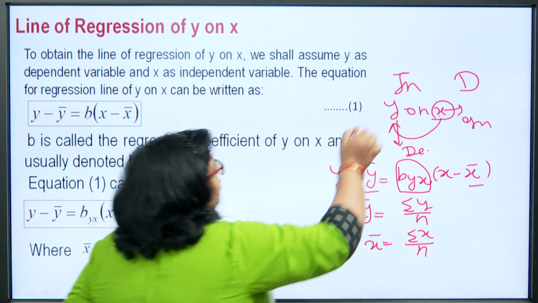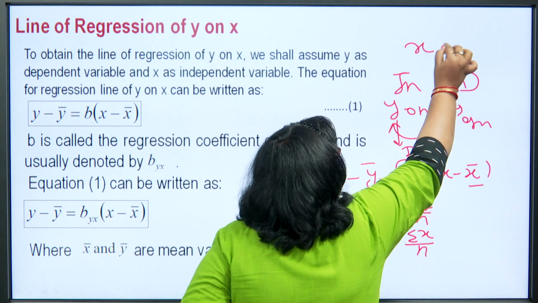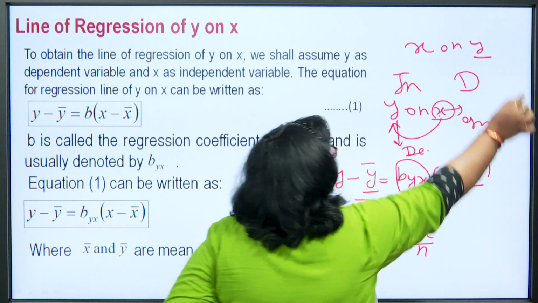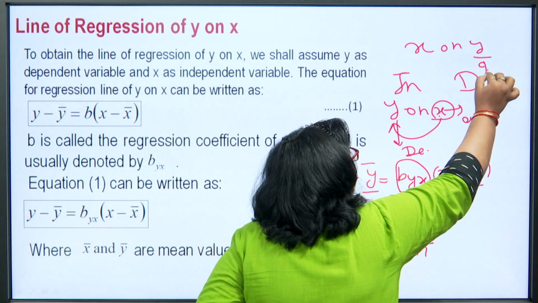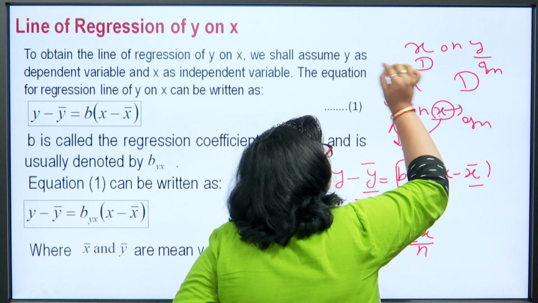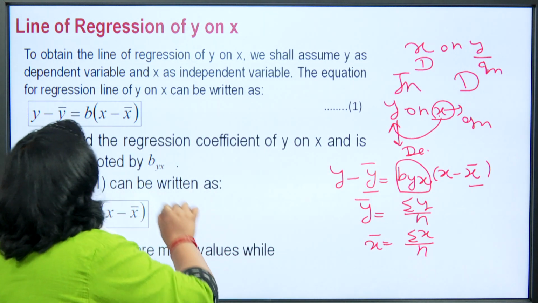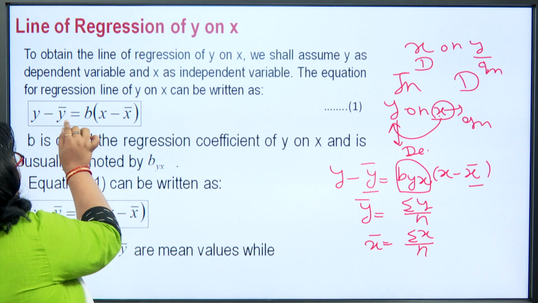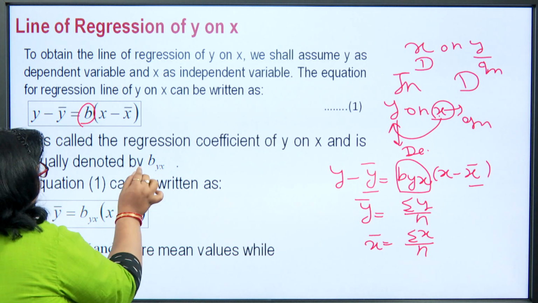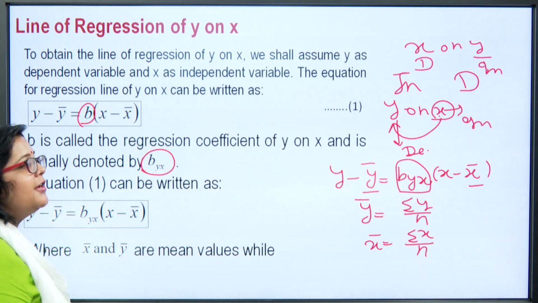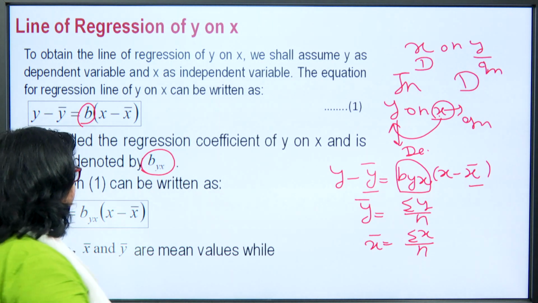In a similar way, for x on y, y is independent and x is dependent. So we write the equation as x minus x bar is equal to b x y times y minus y bar. Here b is replaced by the regression coefficient.